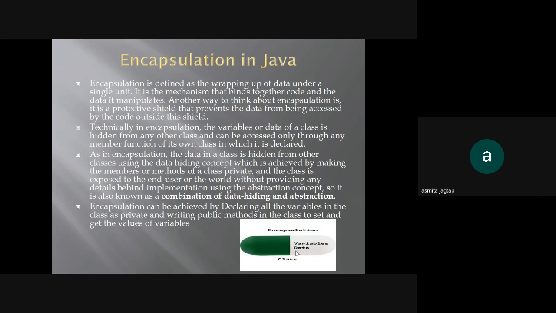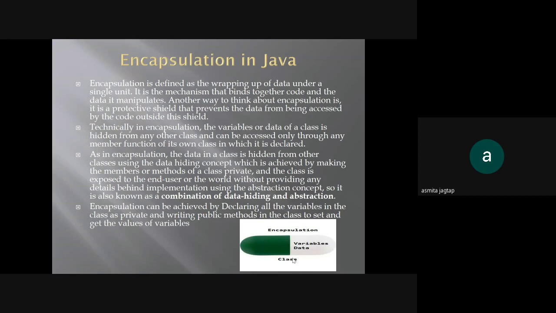For example, a password should be secure. For that, in a password class we can use encapsulation so that the outside world cannot access your password. That is one example. When the variable or data of the class is hidden from any other class and can be accessed only through a member function of its own class.